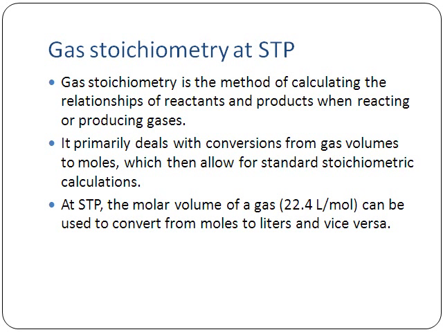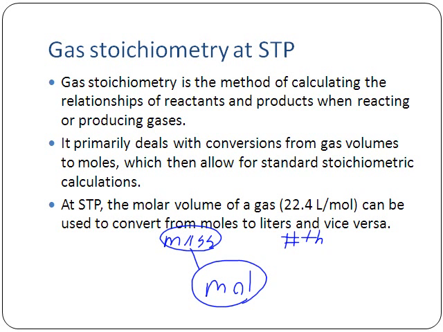As we said before when we were talking about stoichiometry, moles is what we're trying to get to. That's our grand central station. In the past, we've talked about how to get from mass to moles, and from number of things to moles.